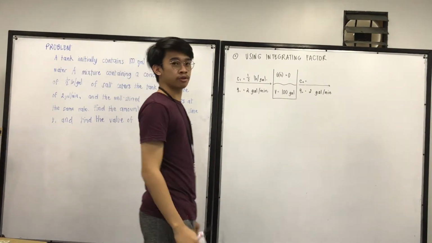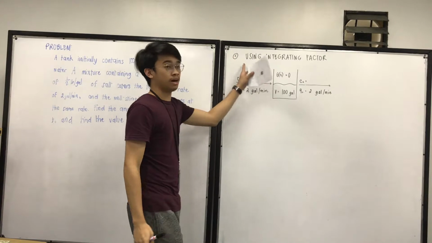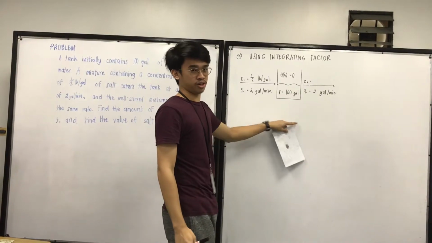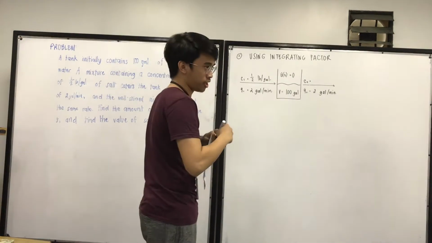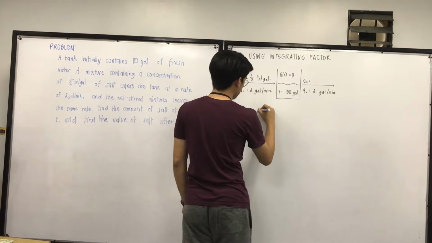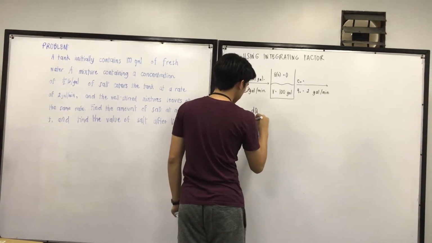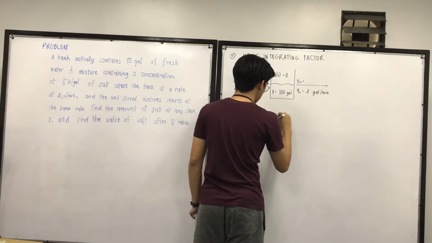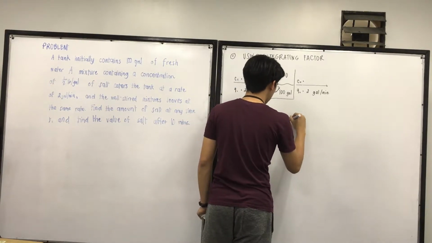So for the second method, we will be using integrating factor. As discussed a while ago, these are the given. We all know that the general equation for the mixing problem is dQ over dt equals Ci Qi minus Co Qo.